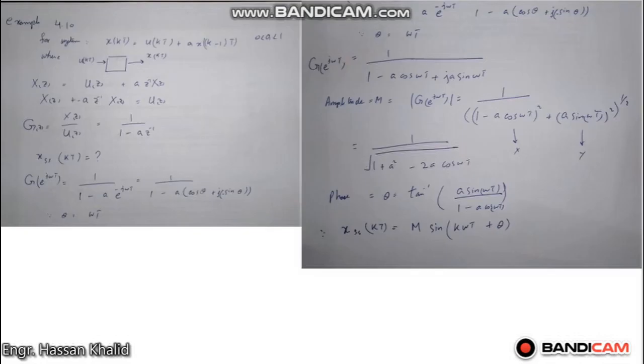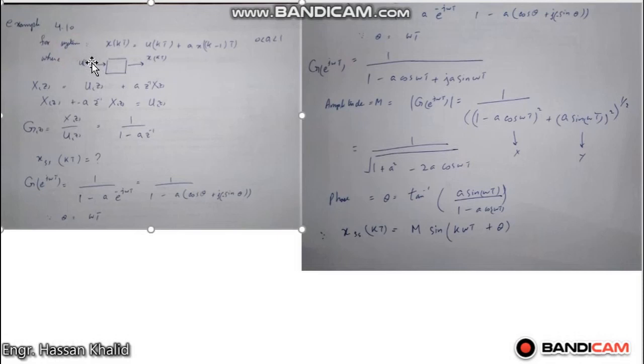U(z) is the z transform of the input signal, X(z) is the z transform of the output, and from the term x(k minus 1), we apply the delay property as defined in chapter 1, that's a into z inverse X(z), right?